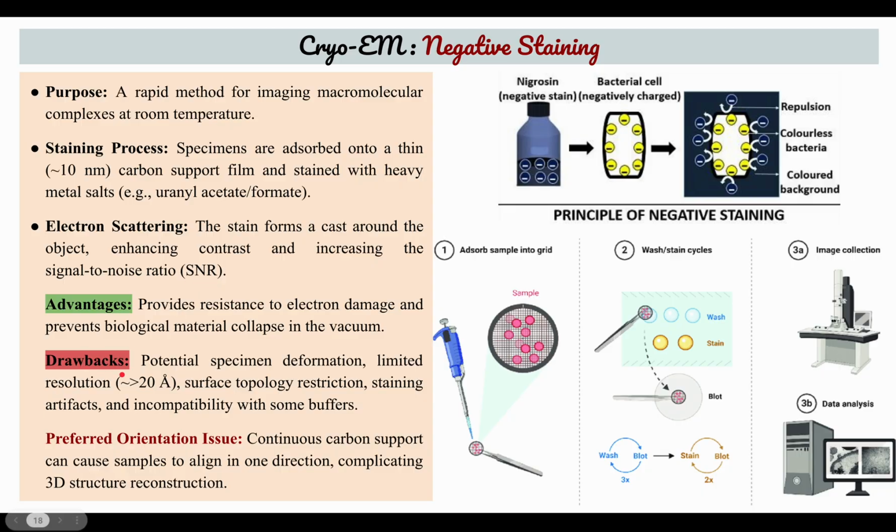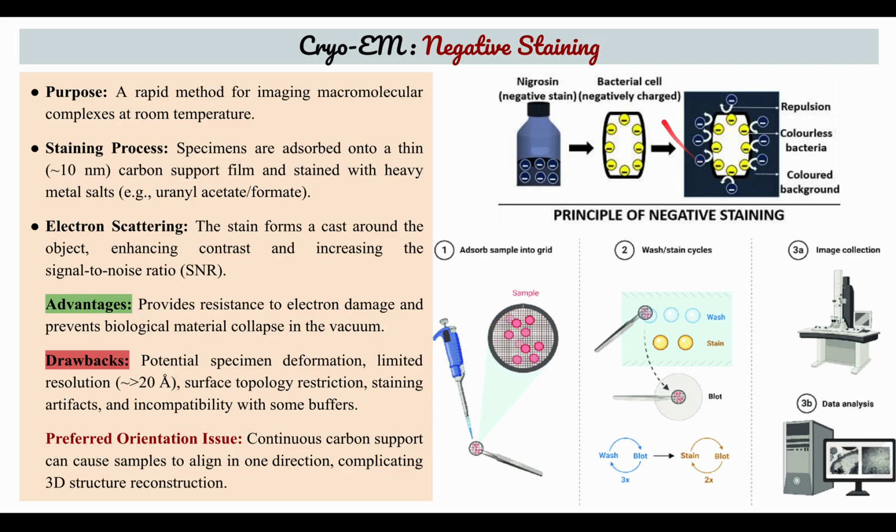But there are certain drawbacks of negative staining, such as potential specimen deformation, because in some instances this can deform our specimen, and limited resolution. So resolution is greater than 20 angstroms, and there are surface topography restrictions. In some scenarios we cannot perform staining for certain biomolecules.